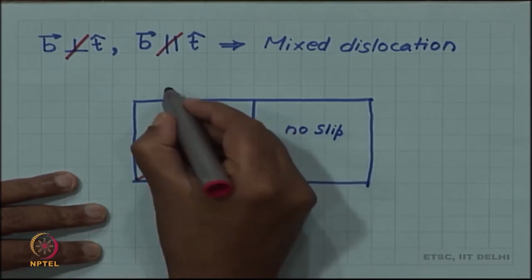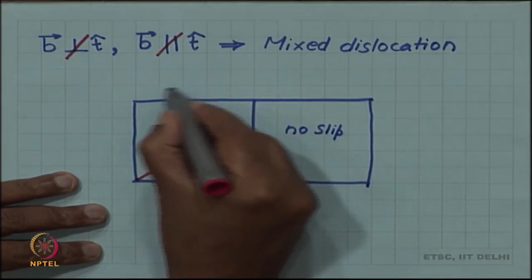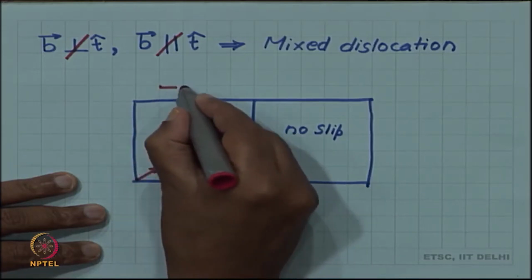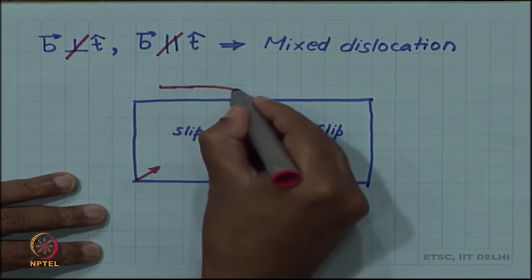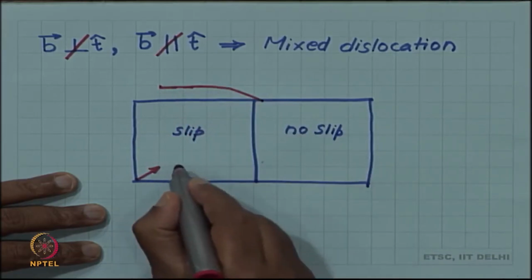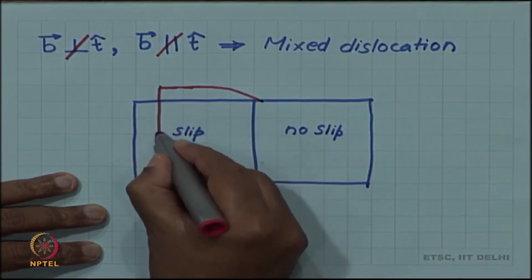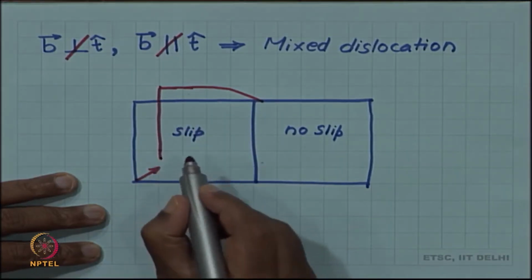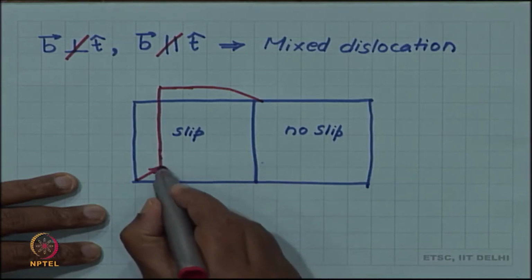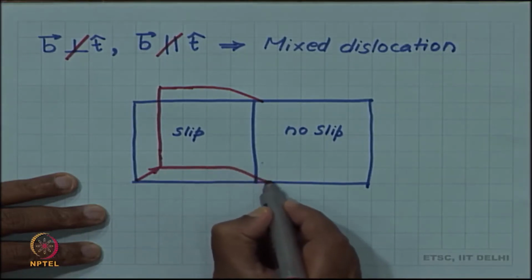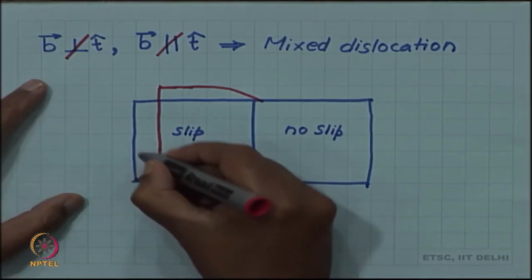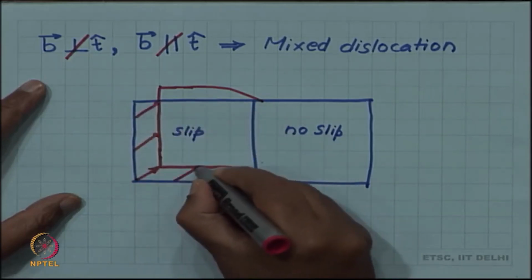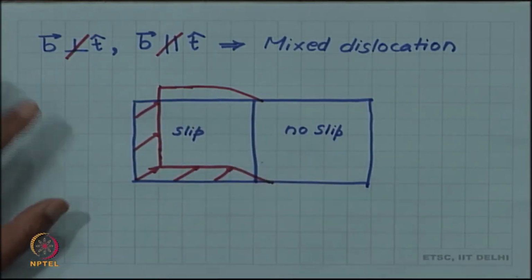So, the slipped region will now look like this.